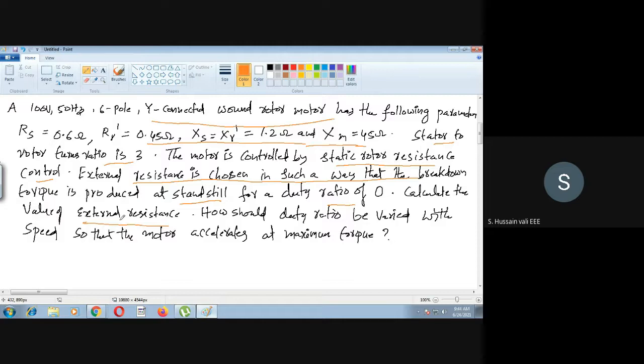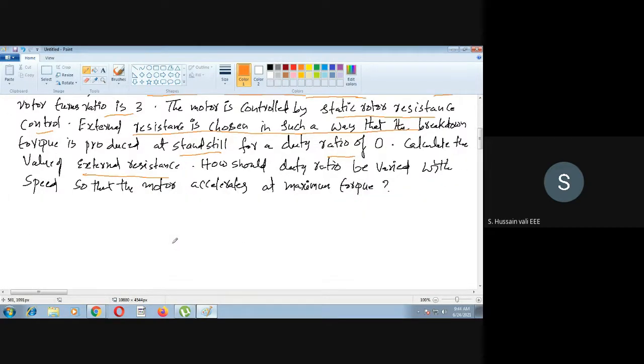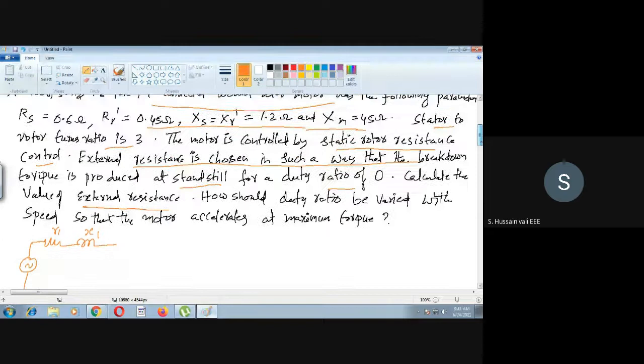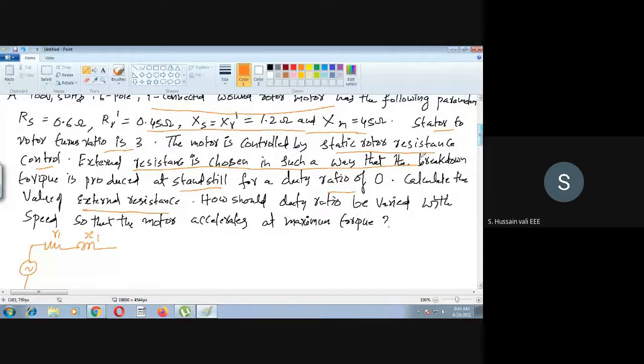It's better first to draw the equivalent circuit of the induction motor so that we may get some idea. R1, X1, he has given, that is Rs, Xs.